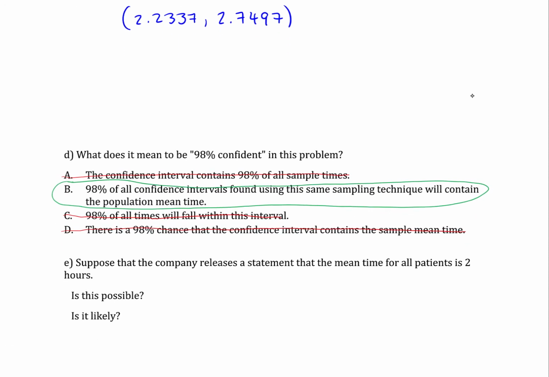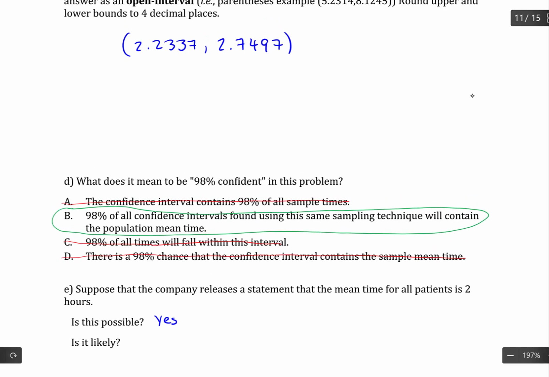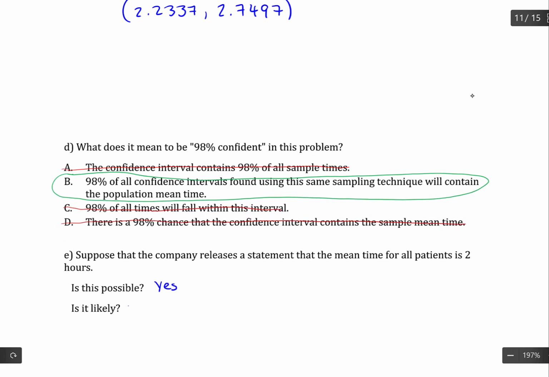It's not impossible that the mean time for all patients would be 2 hours. So is this possible? Yes. But it's pretty far outside of our confidence interval. So is it likely? No. So that's how we interpret that.